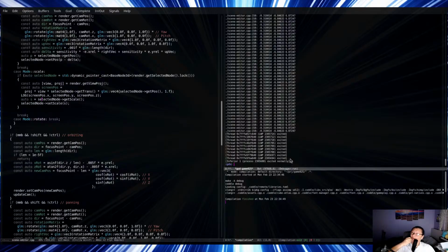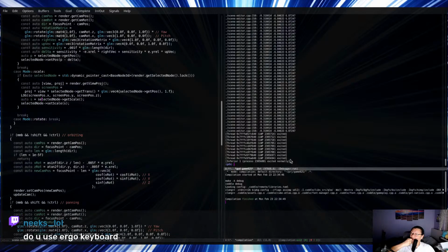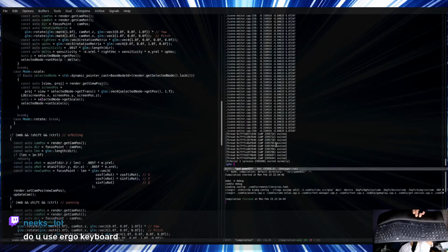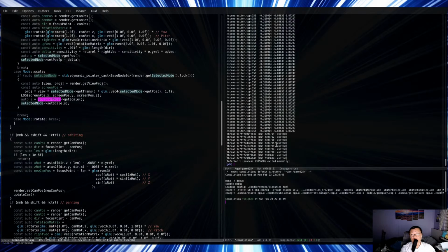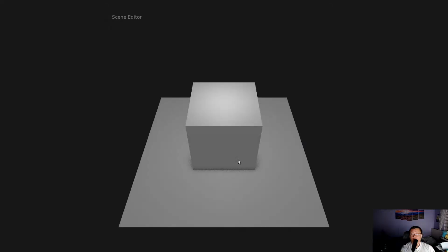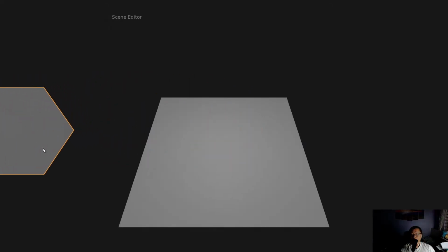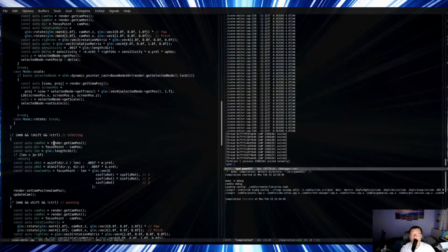Point 8. What the heck is this 6.8? Do you use an Ergo keyboard? It is Ergo, yeah. Where is this 6 coming from? What if I move it? I'll take this one and move it to the side. Oh, it's 13 now.